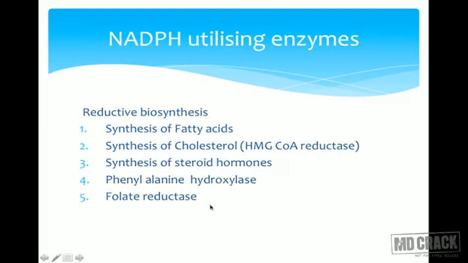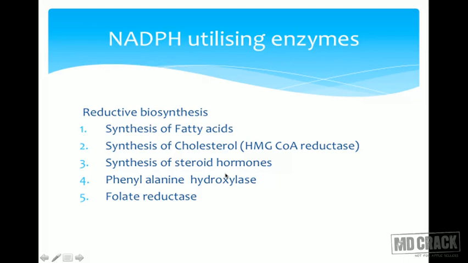Now where is this NADPH utilized? What we call NADPH utilizing enzymes. It is mainly in reductive biosynthesis. So synthesis of fatty acids, de novo synthesis of cholesterol, HMG-CoA reductase. Remember, the regulatory enzyme requires NADPH. Synthesis of steroid hormones requires NADPH.